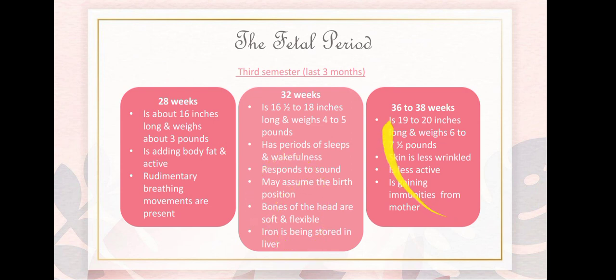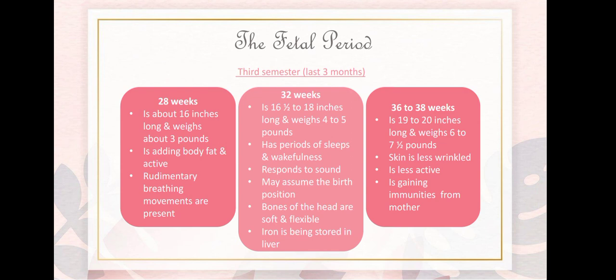And in the last month before the baby is born, it's 19 to 20 inches long and weighs up to 6 to 7.5 pounds. Skin is less wrinkled, it's less active because it has become bigger. So the space is very small.